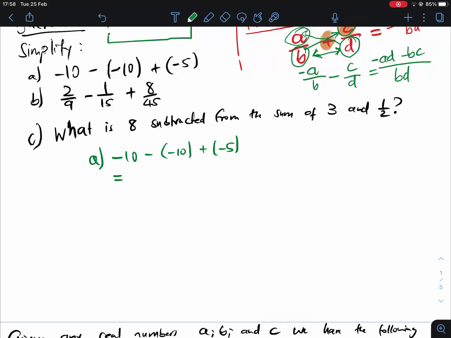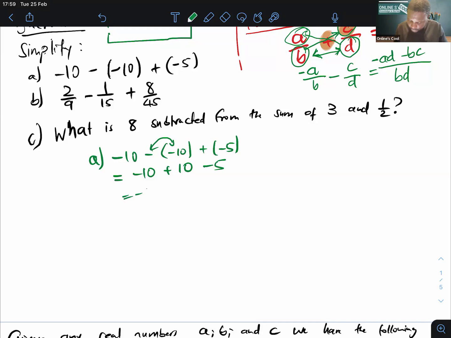We'll multiply that negative in between the -10 and -10 in the bracket, to make the other one positive. That way it will cancel out. Then it becomes 0, and the only thing we're left with is -5. Perfect.